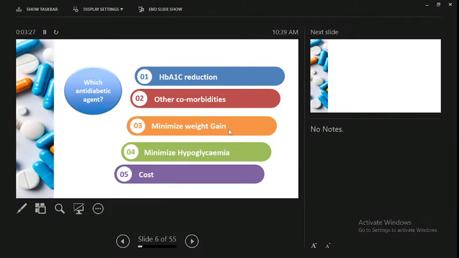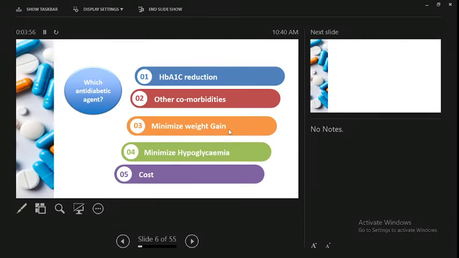The third one you have to consider is whether this drug is going to cause weight gain or weight loss. In patients with type 2 diabetes, one of the major problems is obesity and insulin resistance. Is this drug going to help reduce weight, or cause more weight gain in this patient? Minimizing hypoglycemia is also very important, because most of you have seen in your practice patients on oral hypoglycemics presenting with hypoglycemic episodes, so you have to reduce that.